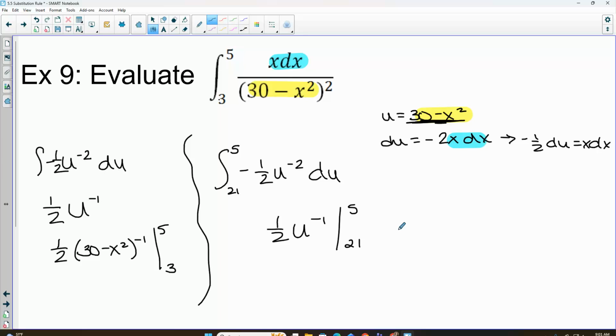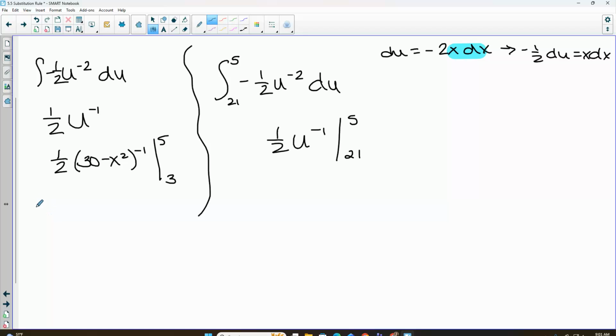So if we plug in 5, 30 minus 25 is 5 to the negative 1 to 1.